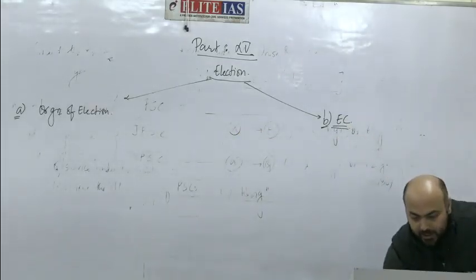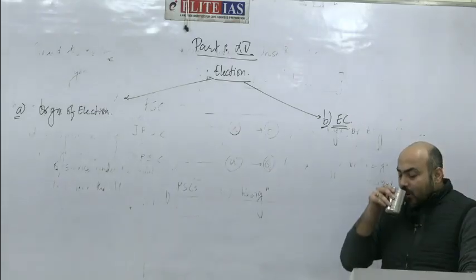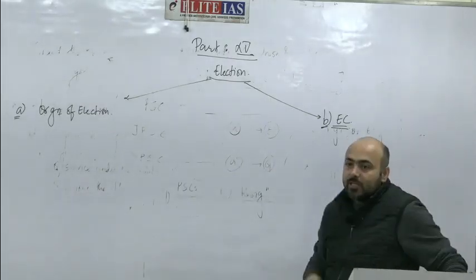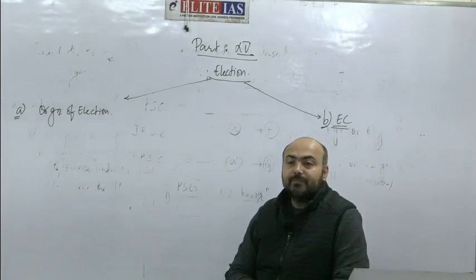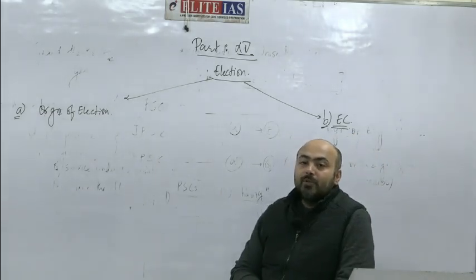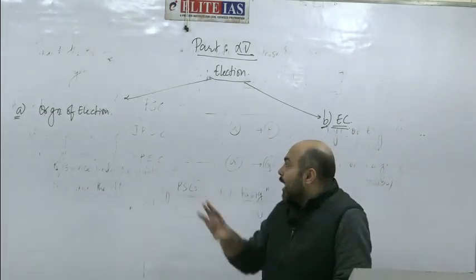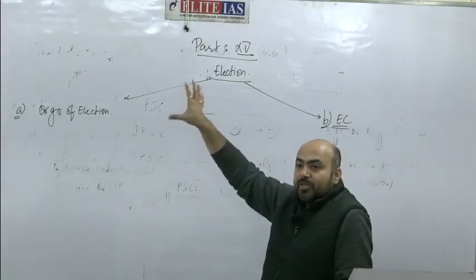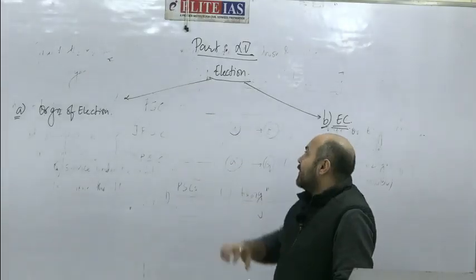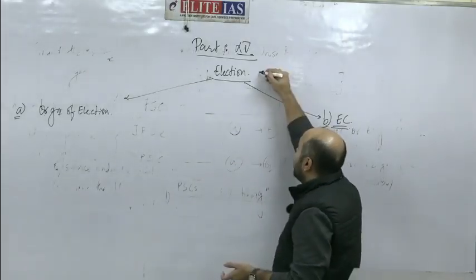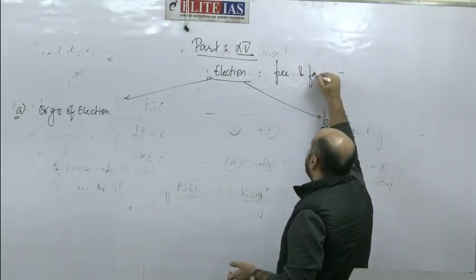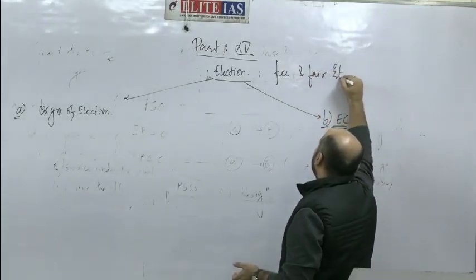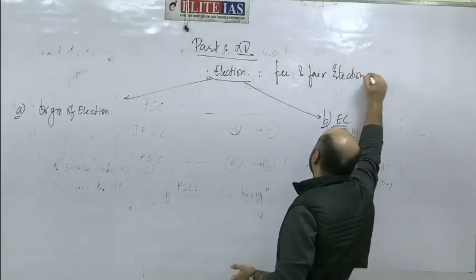It deals with organization of elections or the election commission. See, if you look at the constitution, it has these two provisions, or the objective of part 15 of the constitution is to ensure free and fair elections.